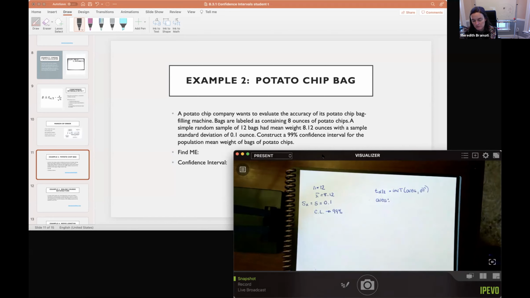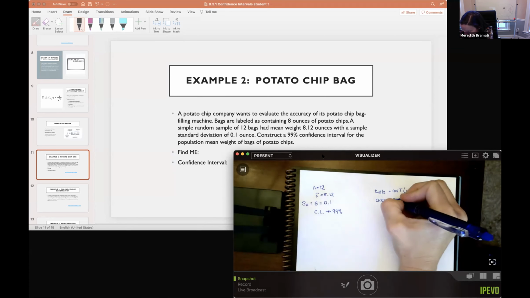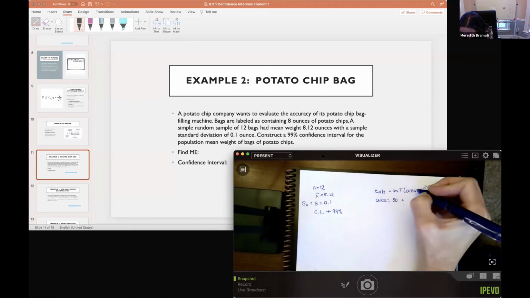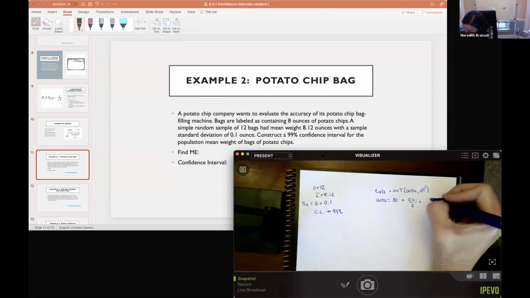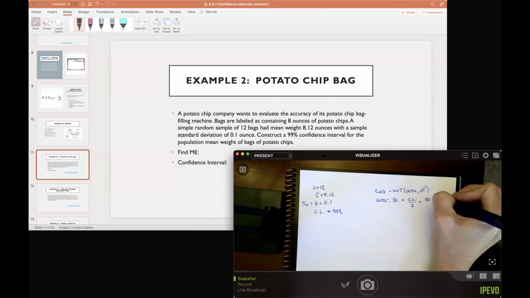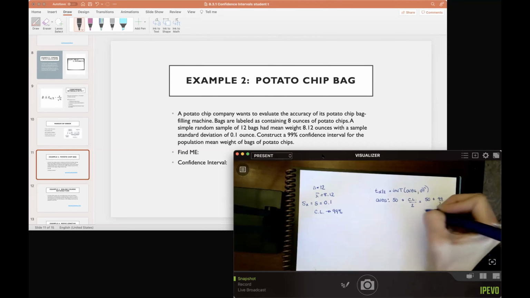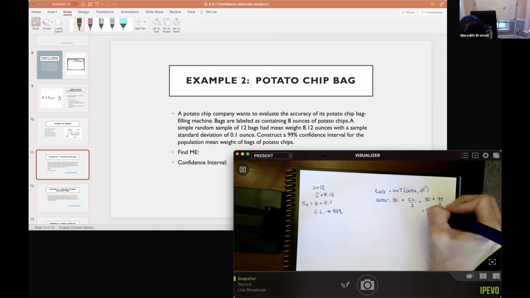Every time for the area, I say 50 plus the confidence level divided by 2. In this case, we have 50 plus 99 divided by 2, which equals 99.5.